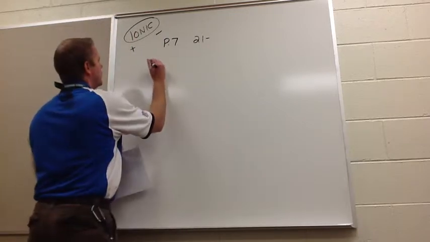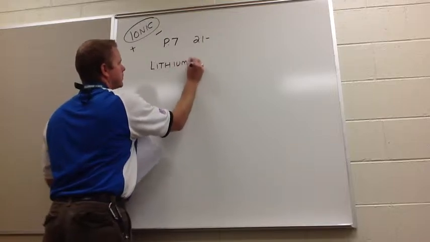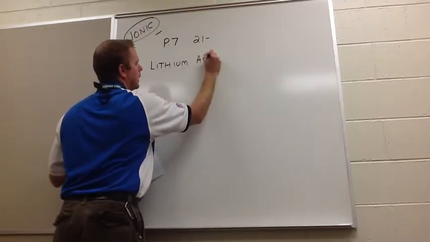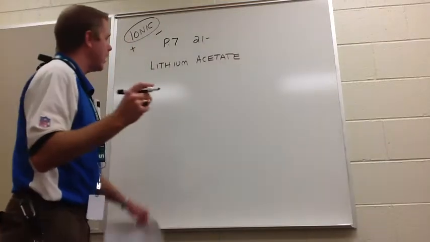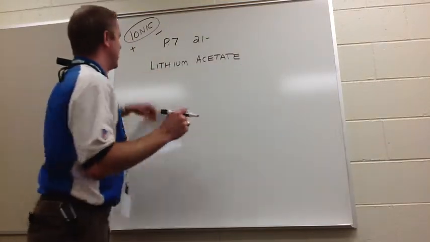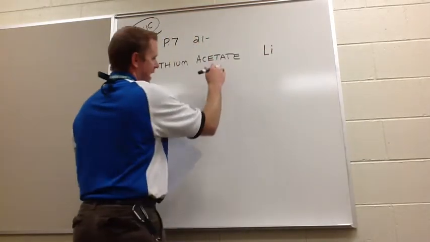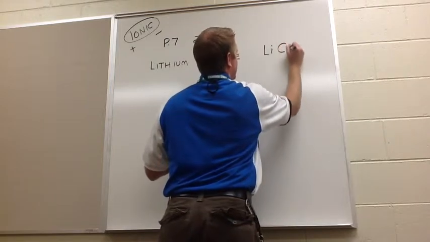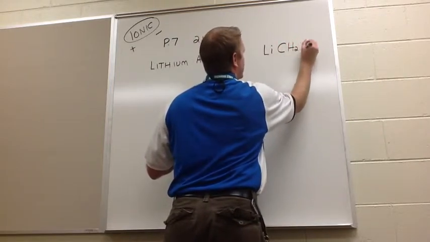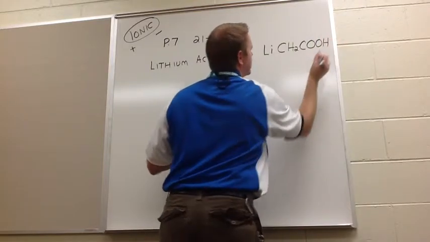So the first one you see is lithium acetate. The first thing I do, guys, is I write what the symbols are. Lithium is Li. Acetate, well, it depends on which one you like to use, but I like the one that says CH3COO.